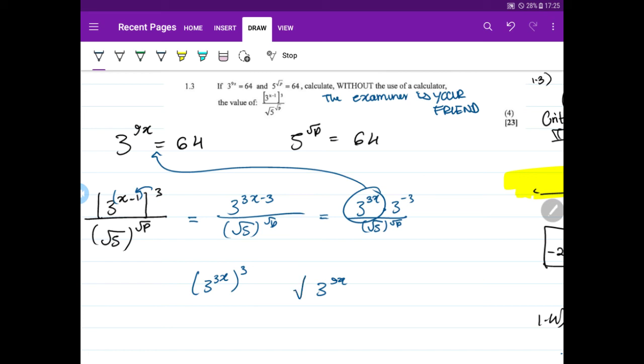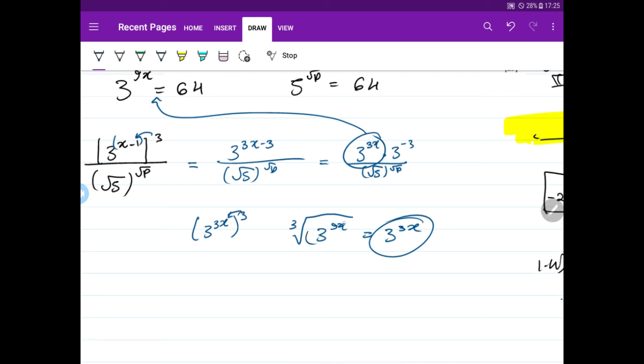Which means that if I take the cube root of this, because of our exponent law, a to the power b raised to the power c is going to equal a to the power bc, multiplication, this has to give me back 3 to the power 3x, correct? And we know that this value inside my surd is 64. So my cube root of 64 is 4, because 4 times 4 is 16, times 4 is 64. That is equal to 3 to the power 3x. So x is equal to 4. Brilliant, we're halfway done.